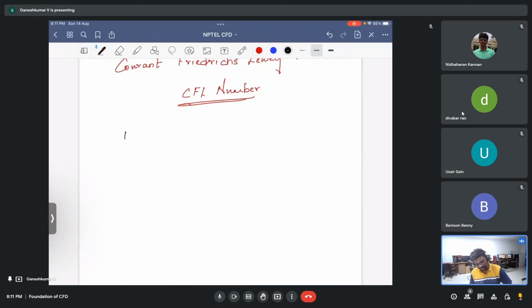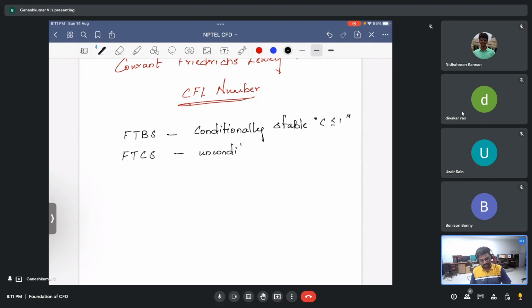FTBS is conditionally stable, and the condition is the CFL number. I recommend you do the same for FTCS, and you will see that it is unconditionally unstable. There is no condition you can come up with such that it will be stable.